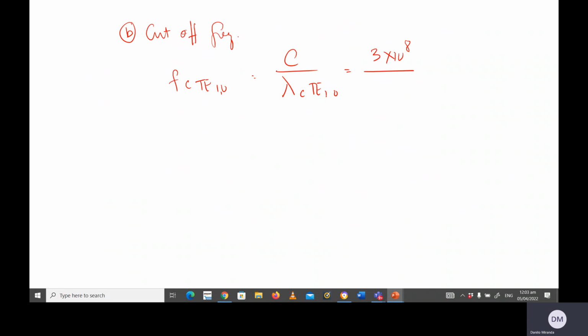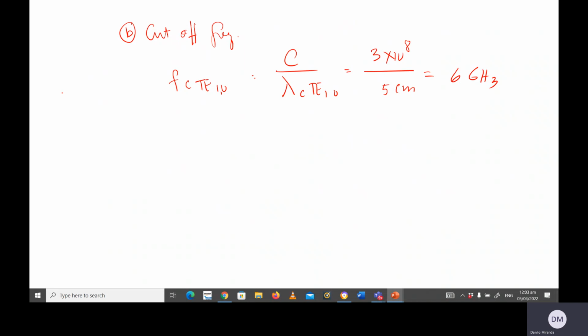So if you have a 5 centimeter, 5 centimeter, so meron kang 6 gigahertz. Okay? Okay. So yun yung ating cutoff frequency. Hanggang dyan lang ang kanyang operating frequency.